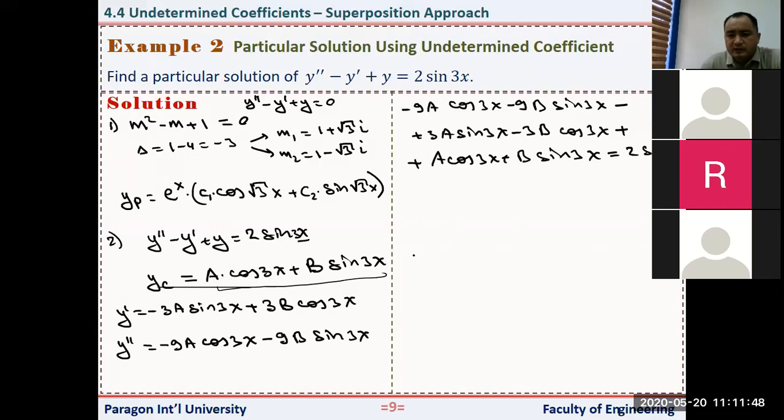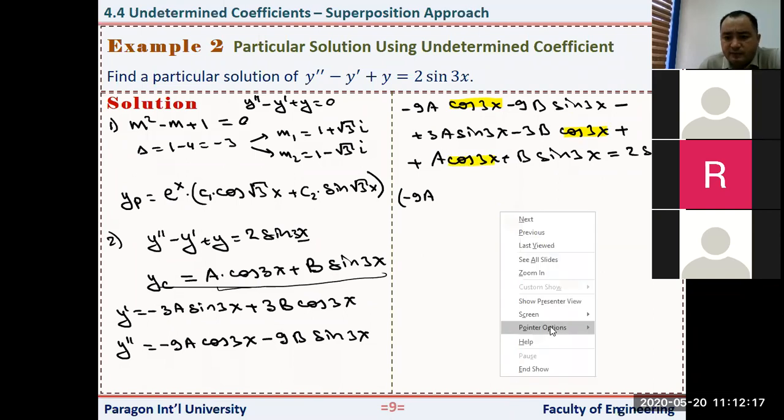Okay. So let's just organize the left hand side. And here we have cosine of 3x. Let me just write here minus 9a cosine of 3x. So for cosine 3x, that is minus 9a. The second one is minus 3b.